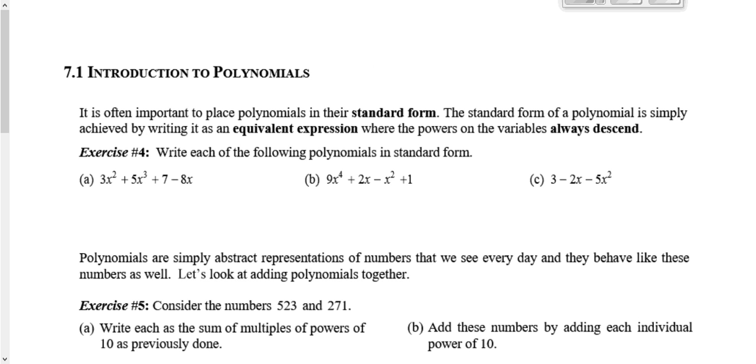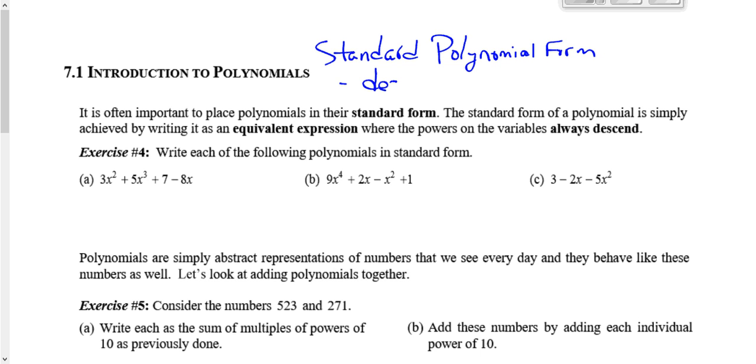So let's look at standard polynomial form. It's listed in decreasing order of exponents.